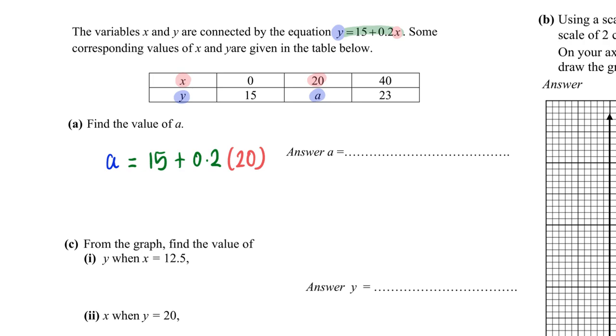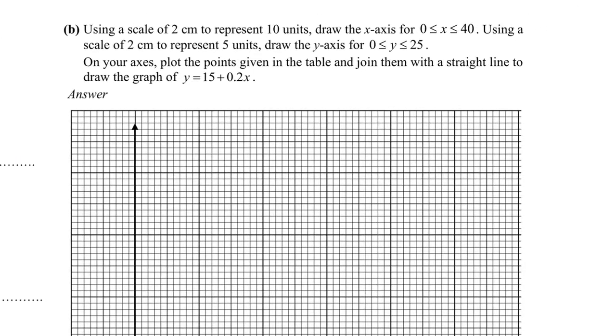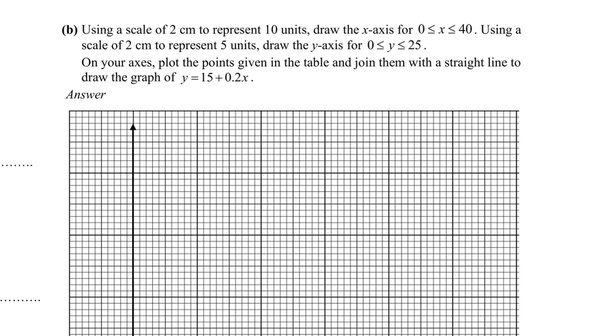So we are essentially just looking at this pair, and we just need to use our calculator to give us a value of 19. So A is 19. Next, given this table of values, our task now is to use a scale of 2 cm.